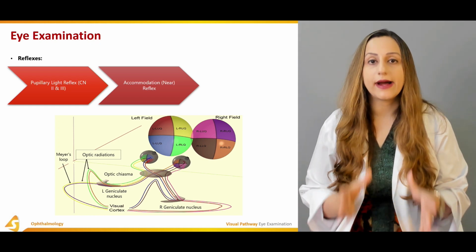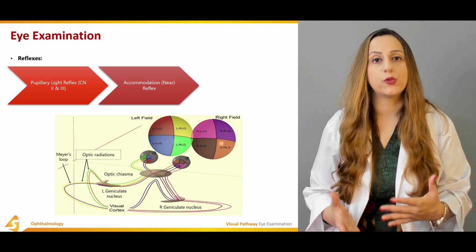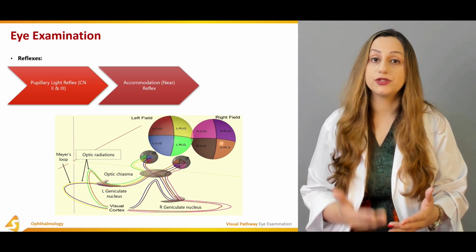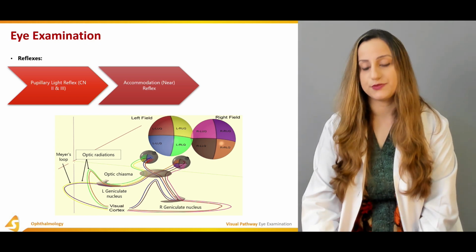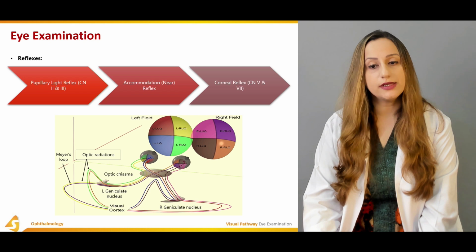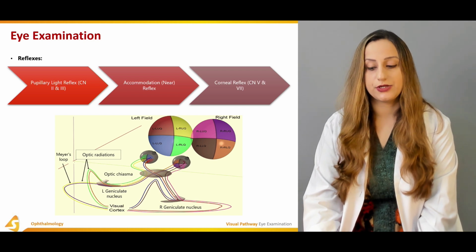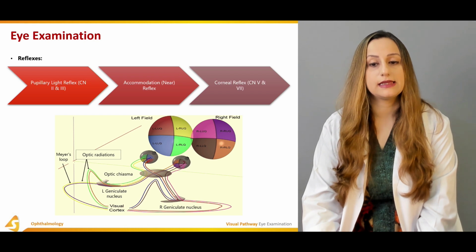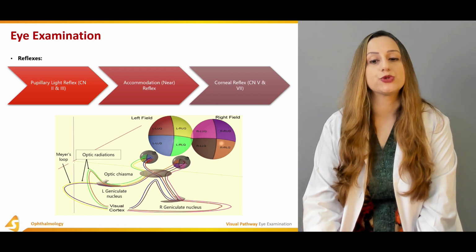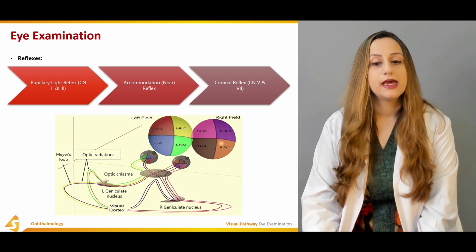You provide him or her with a reading chart at a near distance, and you check for the accommodation reflex in that patient. Then the corneal reflexes are also tested. Through these corneal reflexes, we are testing the fifth cranial nerve, and we're also testing the seventh cranial nerve.